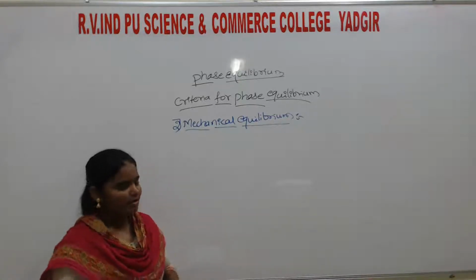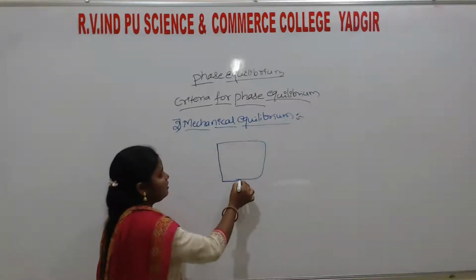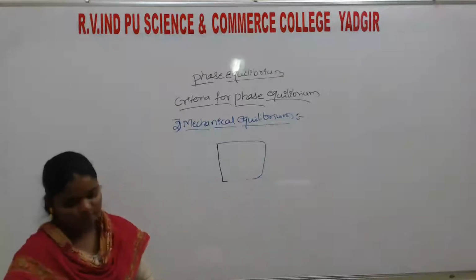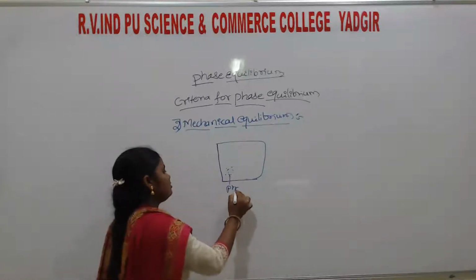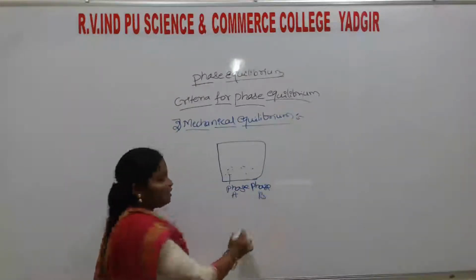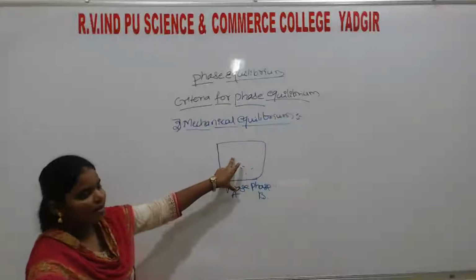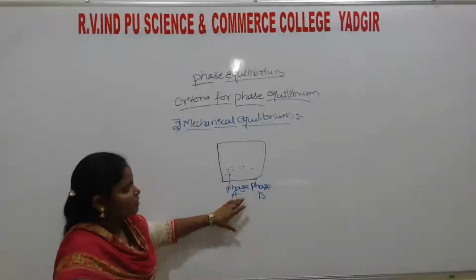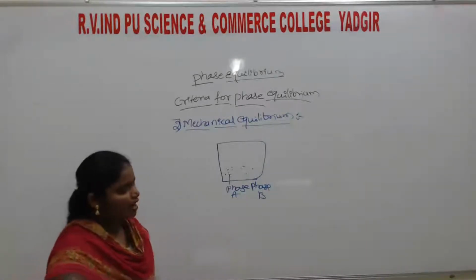You have to consider a system. This is the system, with phase A and phase B. In all the phases of this system the pressure is the same, while the phases increase or decrease. This is equilibrium at constant volume and temperature.